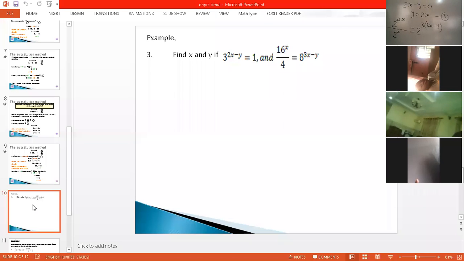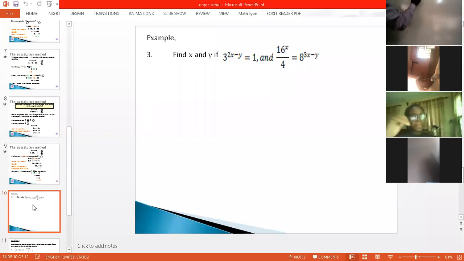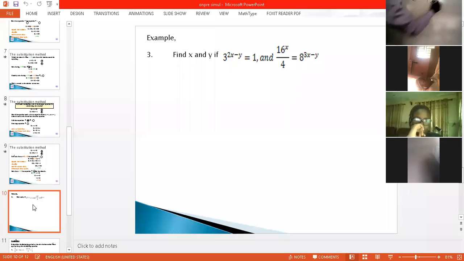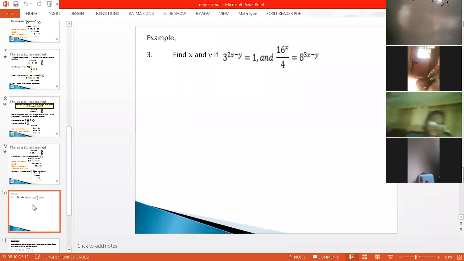Are you all following? Good. All right. So when you expand this fully, you have 4x minus 2 equals, when you open the bracket, 9x minus 3y.